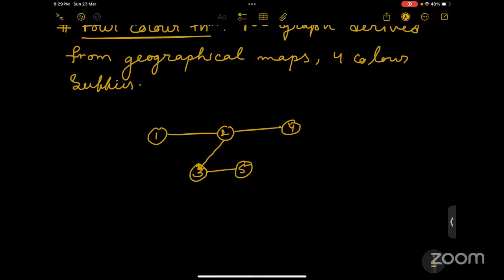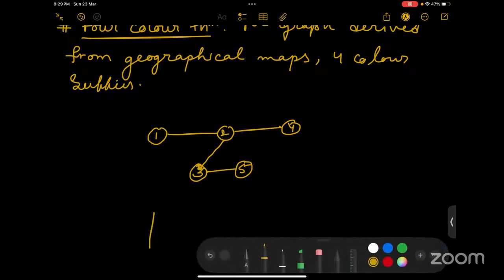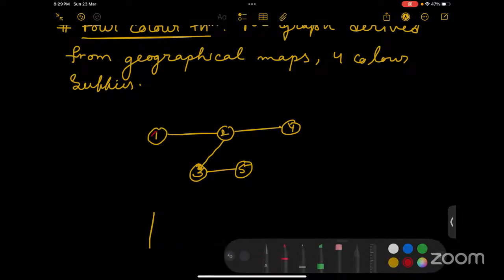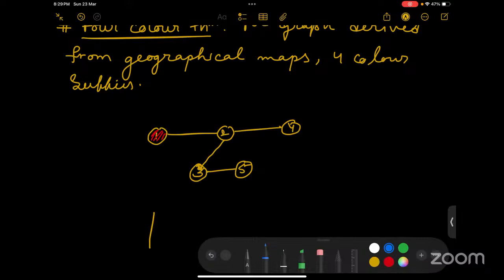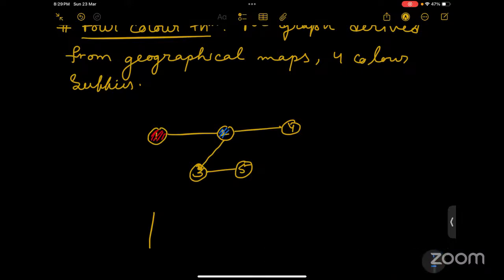Exactly. If we start with vertex 1 and some color, let's say red, I cannot color 2 with the same color, right? So we have to color 2 with another color. We can maybe put blue.